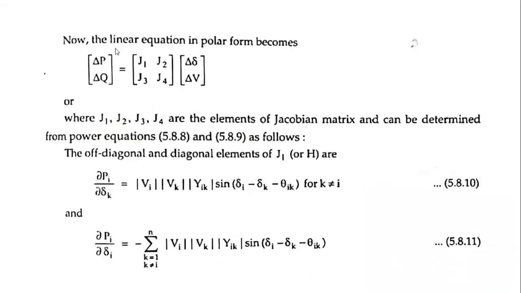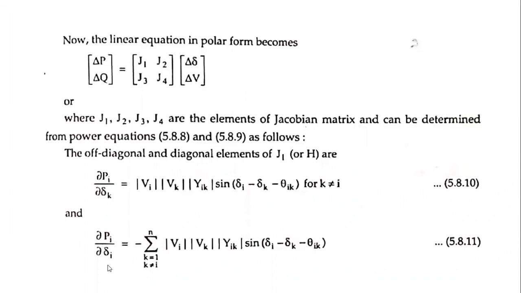Now this will be written in the form of equations: delta P, delta Q, J1, J2, J3, J4, delta delta, delta V. J1, J2, J3, J4 are the elements of the Jacobian matrix, which can be derived. Dou Pi by dou delta k equals Vi Vk Yik sine of (delta i minus delta k minus theta ik).